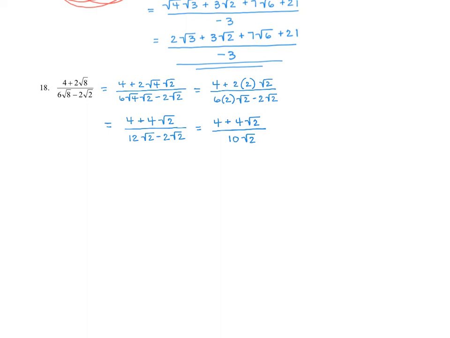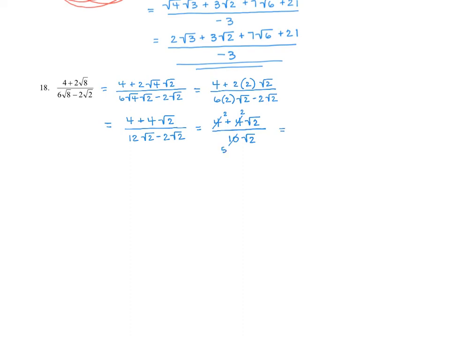Each term is divisible by 2, so I can simplify this even further before I get ready to go. So if I take a 2 out of every single term, divide 4 by 2 leaves me with 2, divide 4 by 2 leaves me with 2, and divide 10 by 2 leaves me with 5.